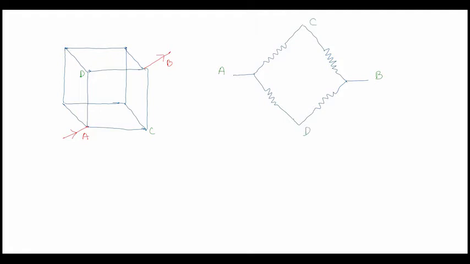Now the face which is on the other side, which is E, F, G, H. So I am drawing it like this. Be very careful about it. I am drawing it inside it like this.